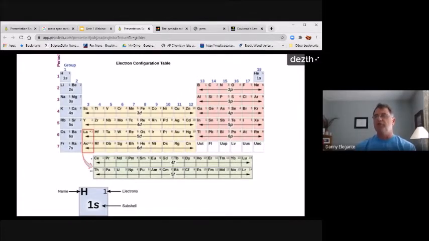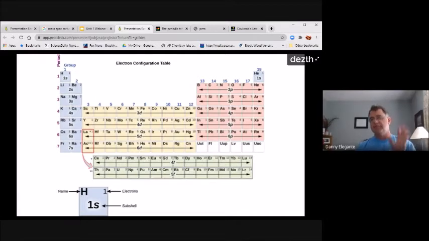So let's take 2p6 and understand what that means. 2p6 means in the second energy level, the 2, there's a P sublevel. Within that P sublevel, there's a certain number of electrons, and those electrons get put into these things we call orbitals. So we can describe any electrons using that information.